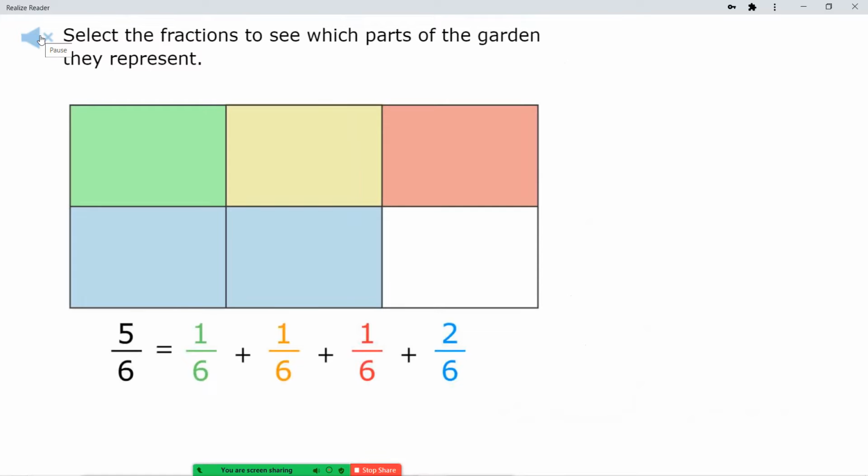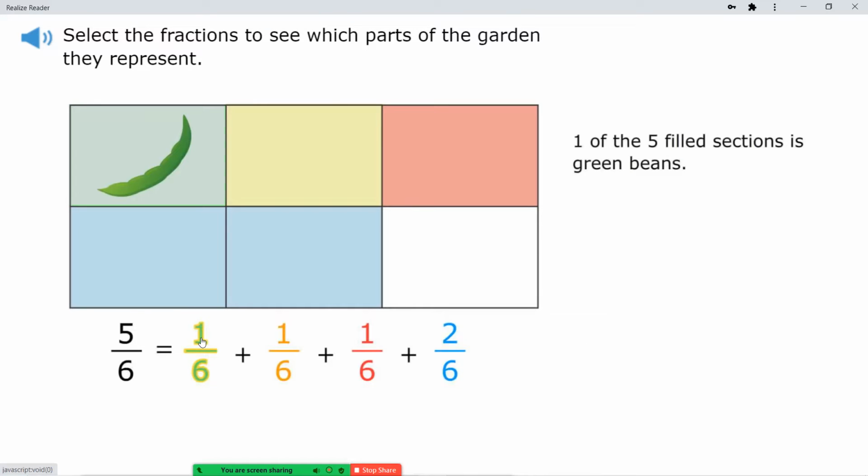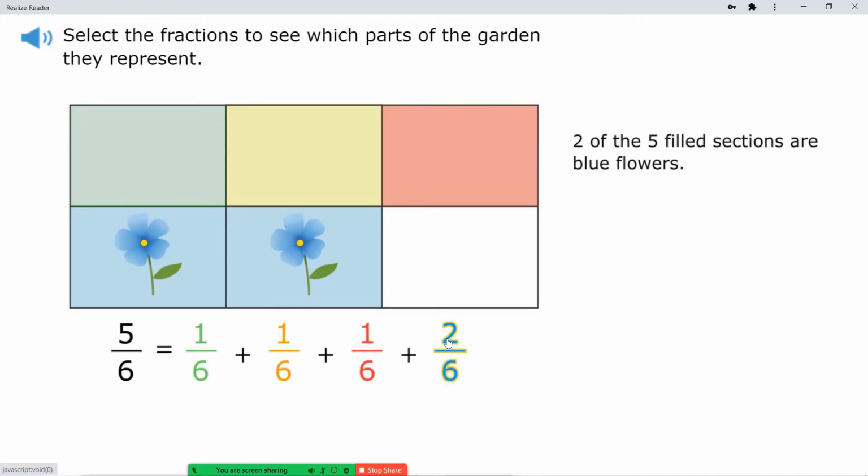Select the fractions to see which parts of the garden they represent. One of the 5 filled sections is green beans. One is yellow squash. One is red peppers. 2 of the 5 filled sections are blue flowers.